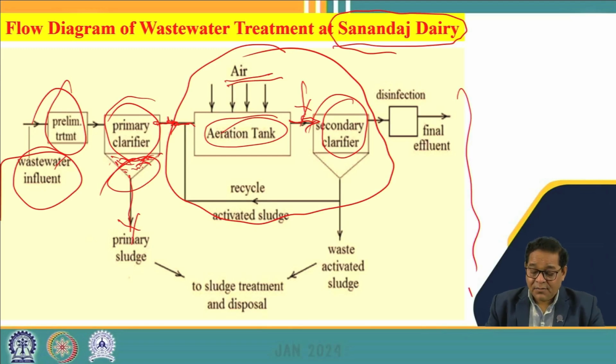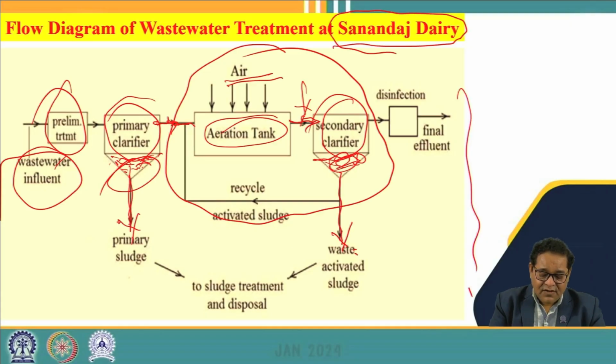This biomass gets out along with the treated effluent and is clarified in the secondary clarifier, separated from the rest of the treated wastewater. The secondary clarifier removes this biomass at the bottom, which is again taken out as sludge.